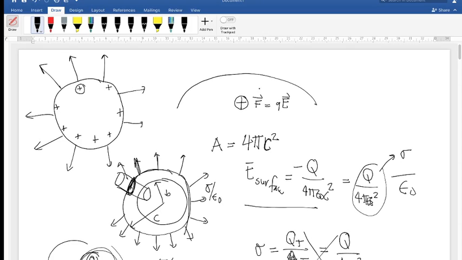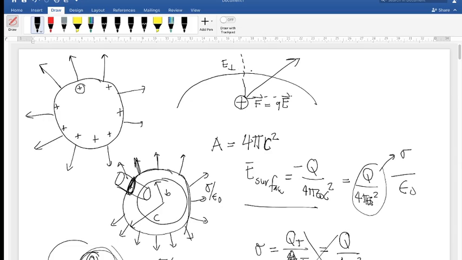For example, our electric field points in some direction, so it gives two components: perpendicular and parallel. This parallel electric field component will make the charge move, thereby violating our electrostatic equilibrium.